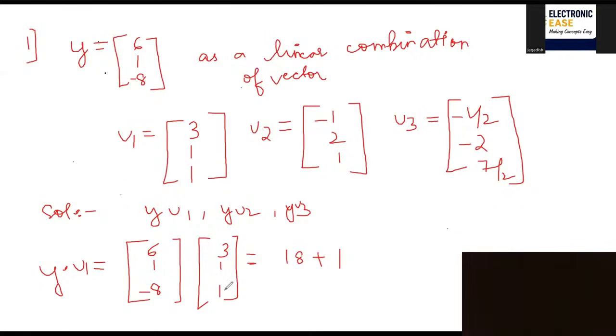Then minus 8 into 1. Because both are the same matrix, 3 cross 1 and 3 cross 1, now direct multiplication: 6 threes, 1 ones, minus 8 ones. That's it. What is the answer for y into u1? 19 minus 8, how much does it come? 11. Now solve for y into u2.